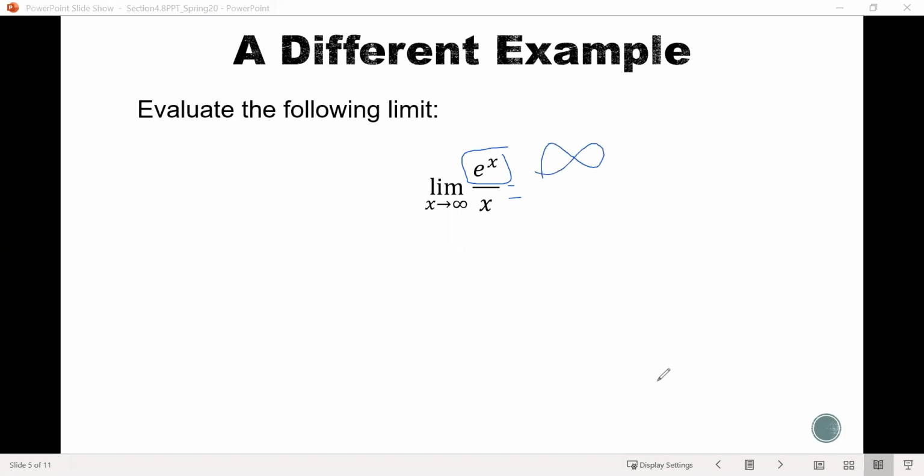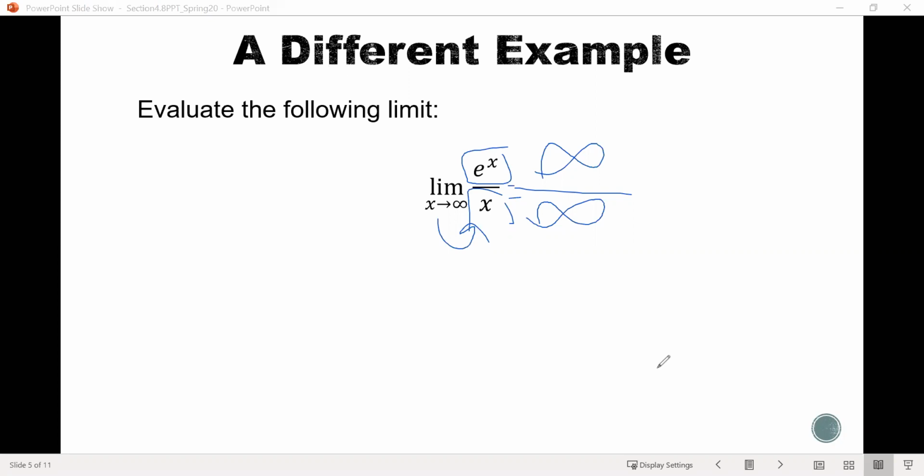So that would also be infinity. And similarly with the bottom one, as x grows bigger and bigger towards infinity, if our function is just x, that will also grow towards infinity. And so notice here is where we get one of our indeterminate forms. We have infinity over infinity. So that tells us now we can use L'Hopital's rule.